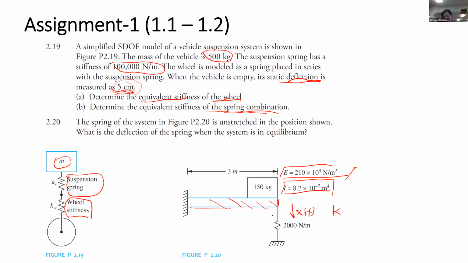You should imagine whether the cantilever beam is connected with this spring in series or in parallel, and what should be the equivalent stiffness of the system. And we have the mass. You should derive the deflection of the system. So for these two problems, you mainly focus on the equivalent stiffness and the static deflection.